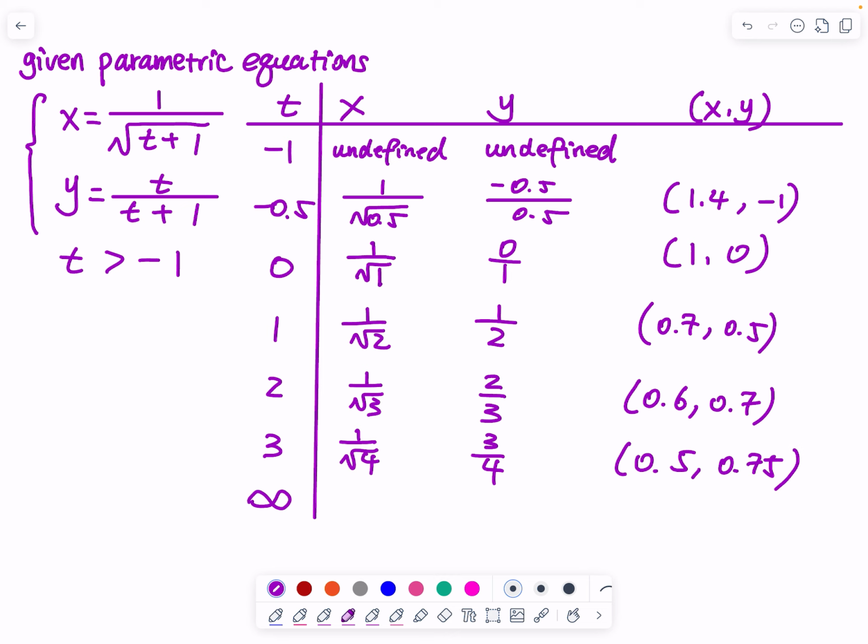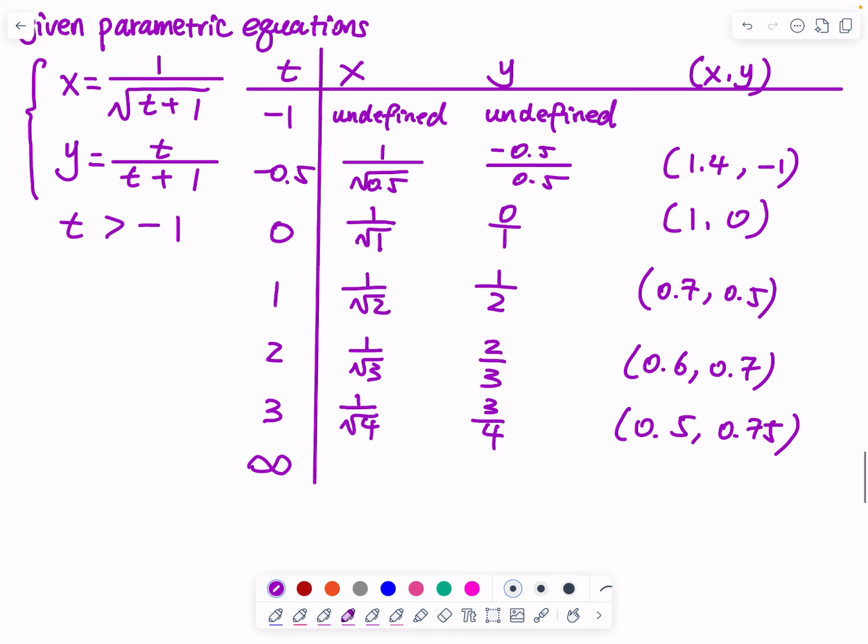When t is very large, this one you have 1 divided by infinity plus 1, which is infinity. That is nearly 0. And then the other one, you have t over t plus 1. This is like a limit that you study in differential calculus, limit at infinity. As t approaches infinity, the highest power in the denominator is 1, first degree, right?